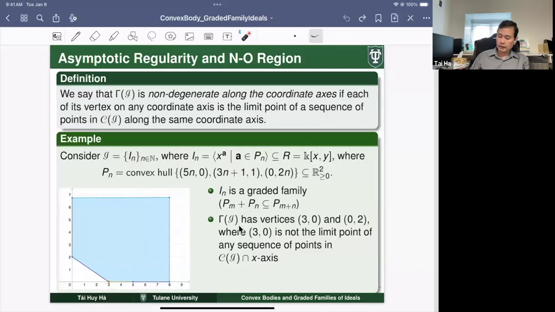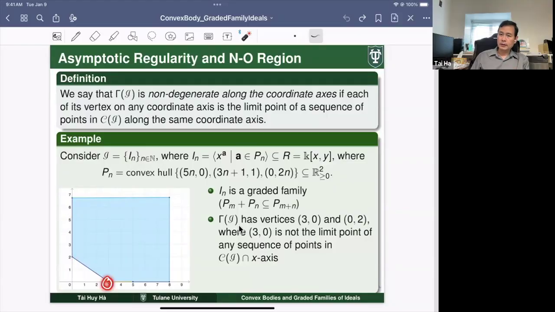And so if you look at the Newton-Okounkov region, there are two vertices, (3, 0) and (0, 2). The point (0, 2) is the limit point of a sequence of points inside the limiting body on the y-axis.